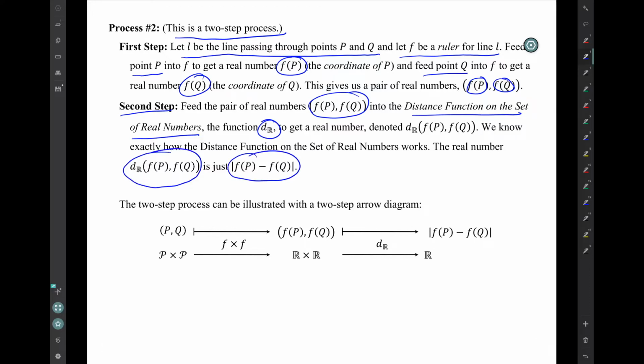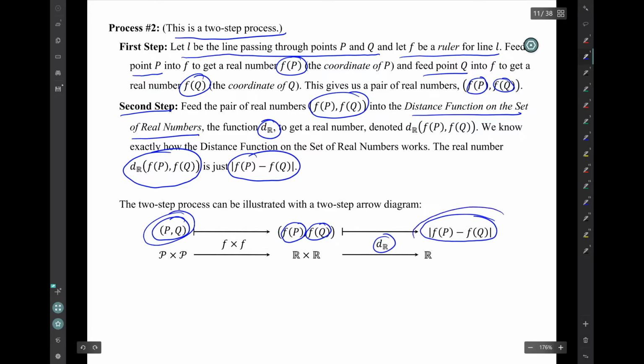So that two-step process can be illustrated with a two-step arrow diagram. I take the pair of numbers, I feed each of them through f to get a coordinate for each of them, and then I use the real number distance function to get the distance between those two real numbers. So the ordered pair P comma Q produces this number.